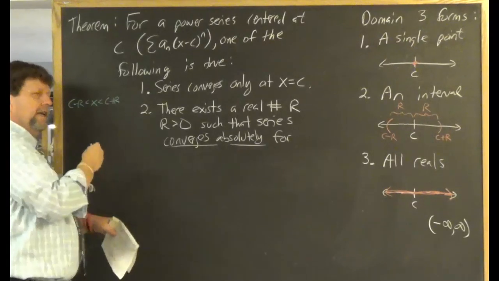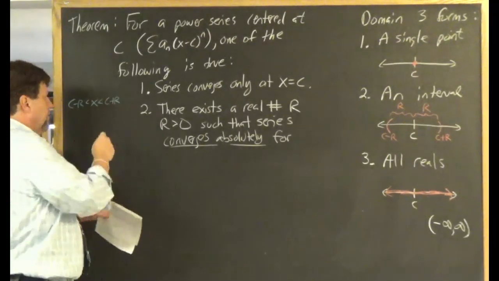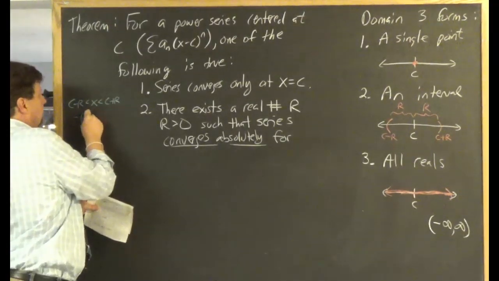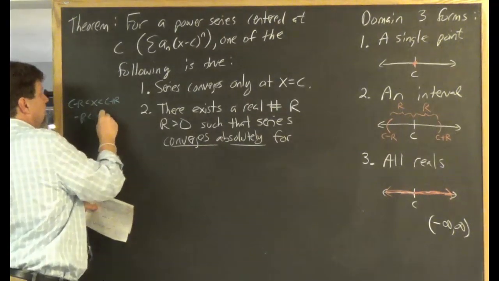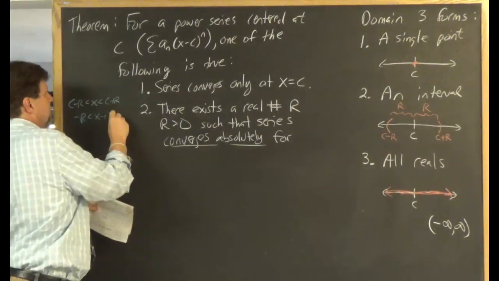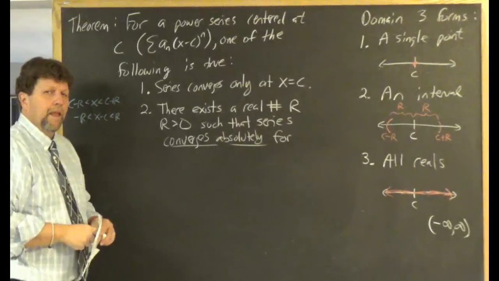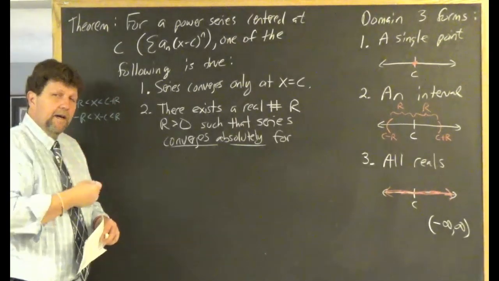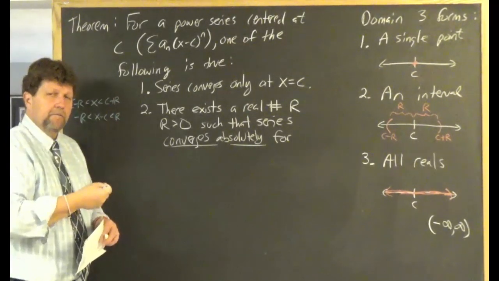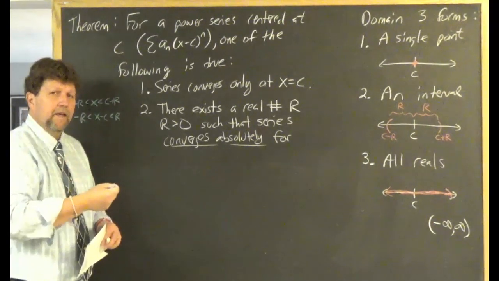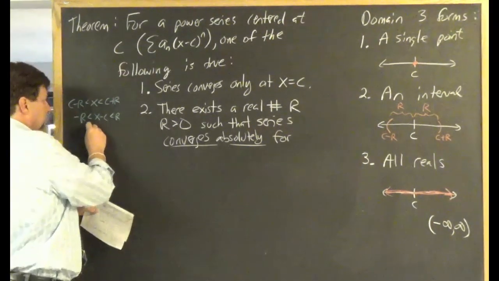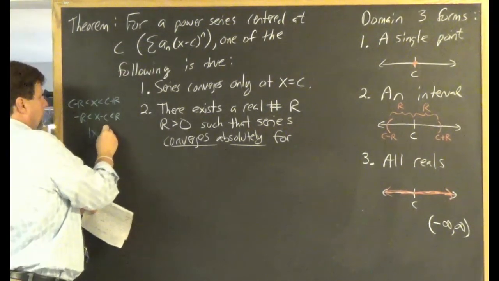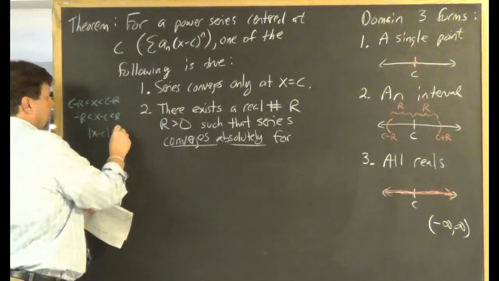From this compound inequality, I could subtract c from each piece to get negative r is less than x minus c is less than positive r. And then this compound inequality matches up exactly with the absolute value of x minus c less than r.